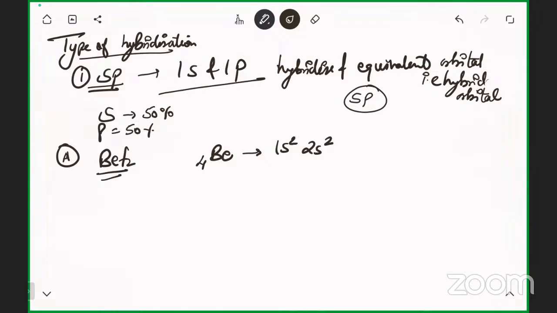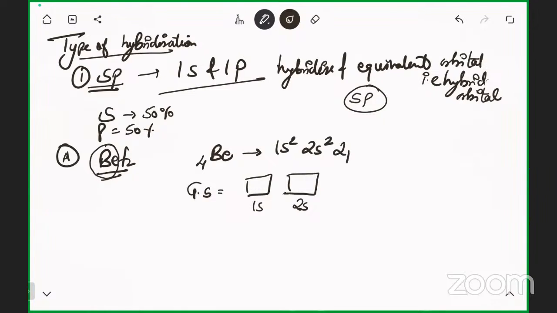In the ground state, which means when the electrons are not excited, Be is the central atom. So I'll make this the ground state of the central atom. So in Be, this is 1s, this is 2s.